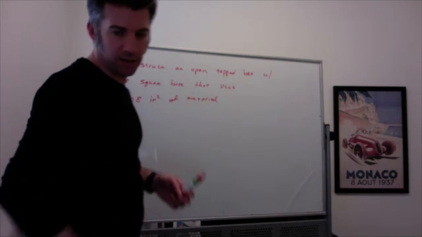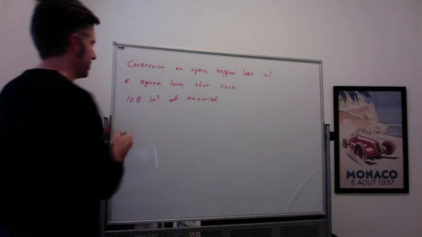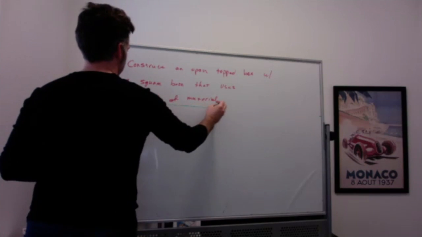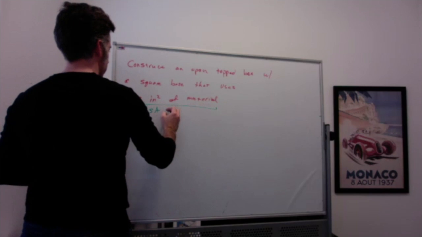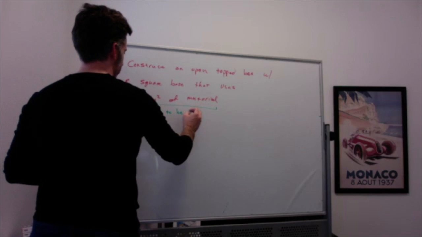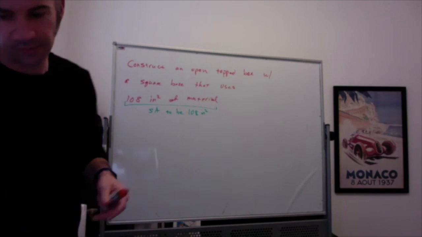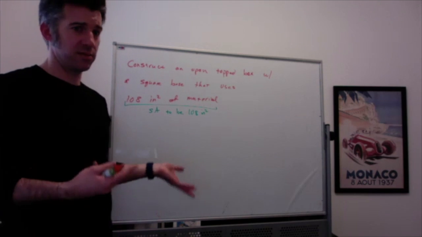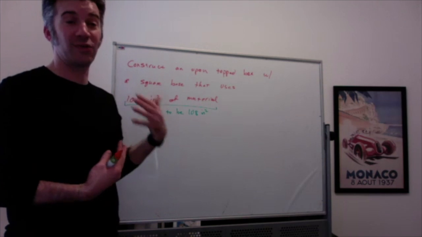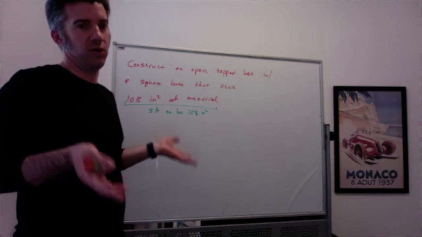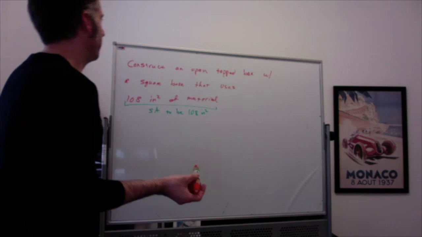This is just a tricky way of saying that we want the surface area to be 108 square inches. So if someone says you have 108 square inches of material, that means they want your surface area to be that much.